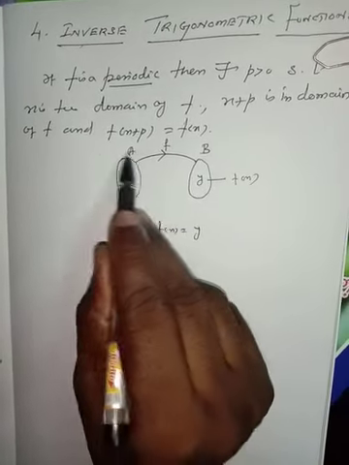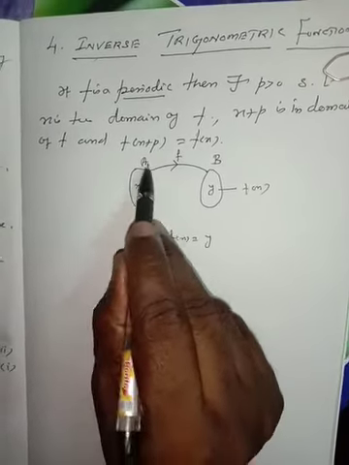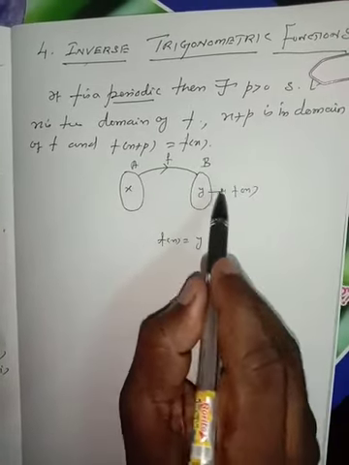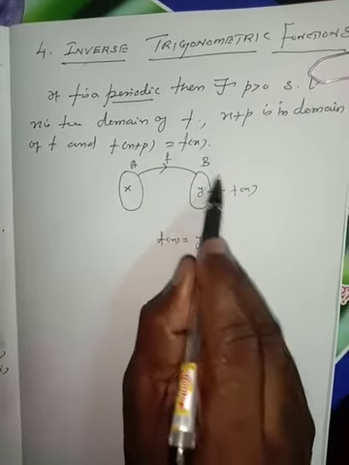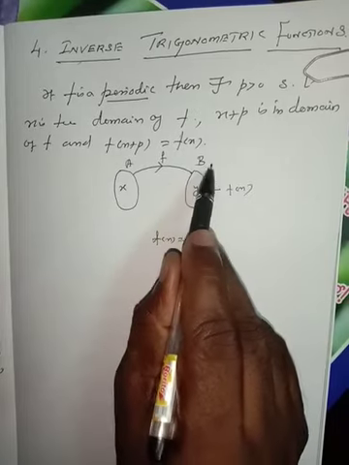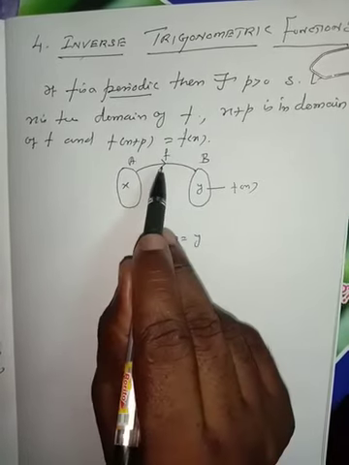Domain elements are contained in the set capital A. Codomain elements, or range elements, are contained in the set B, operating upon the function f.